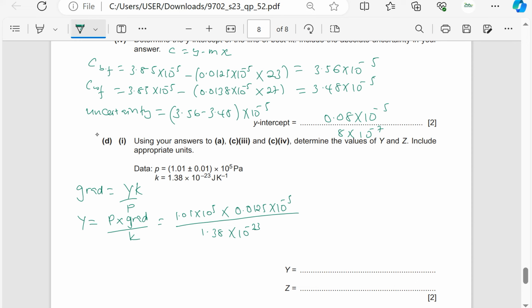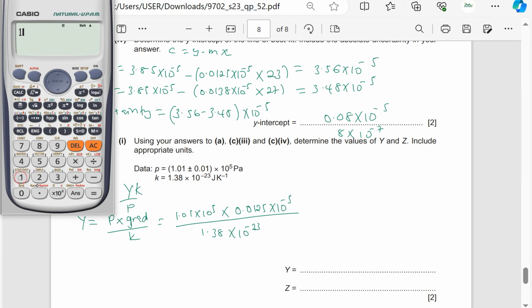So I'll press my calculator here. 1.01 exponent 5, then times 0.0125 exponent minus 5, divide by 1.38 exponent minus 23.